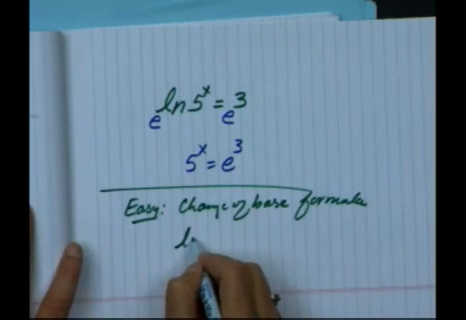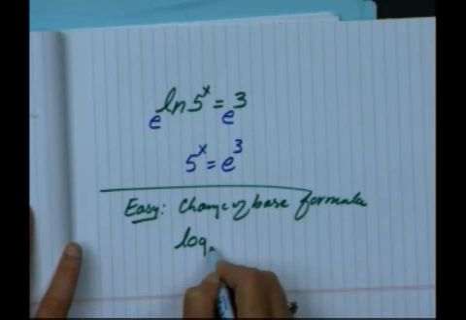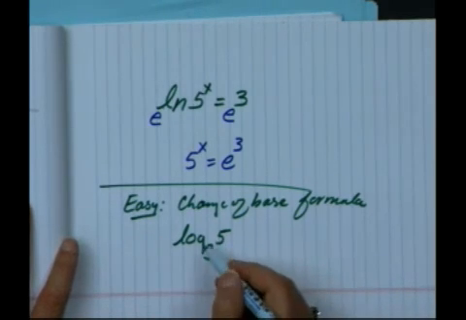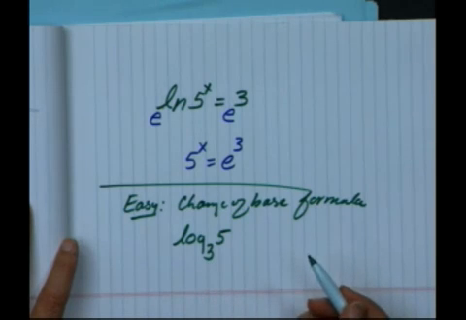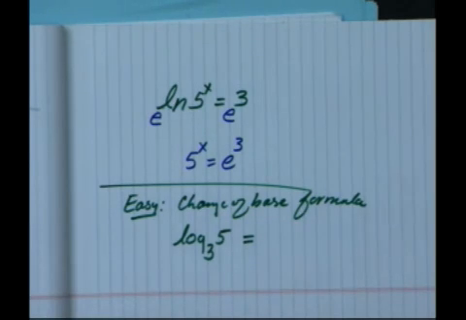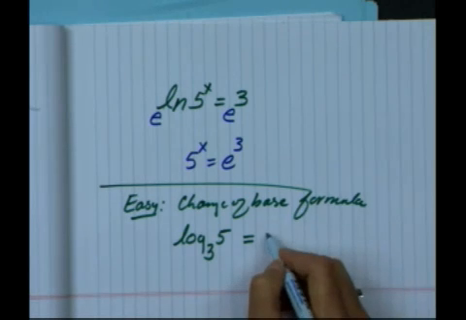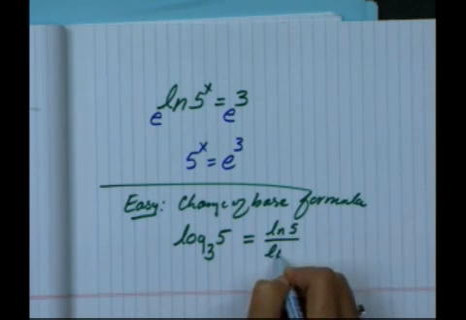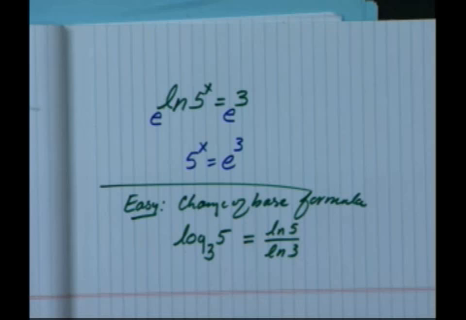So if I had to find log to the base 3 of 5, okay, if I needed to find approximately what is log to the base 3 of 5, okay, I'm going to go with natural log. All right, this is an unmathematical way to do it, but this is how I remember it. According to our theorem, it's going to be natural log of 5 over natural log of 3.